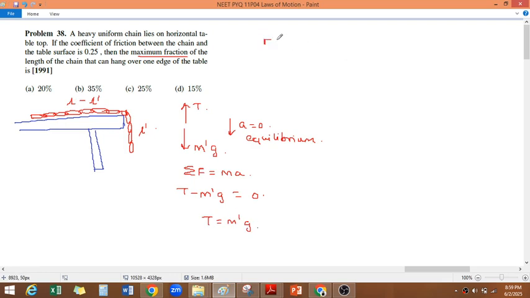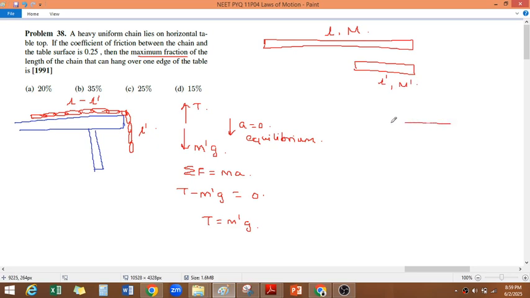Total length is having a mass m. That means how much mass will the small length L dash have? That is your m dash. For the total length the mass is capital M. How much is it for the small length L dash?